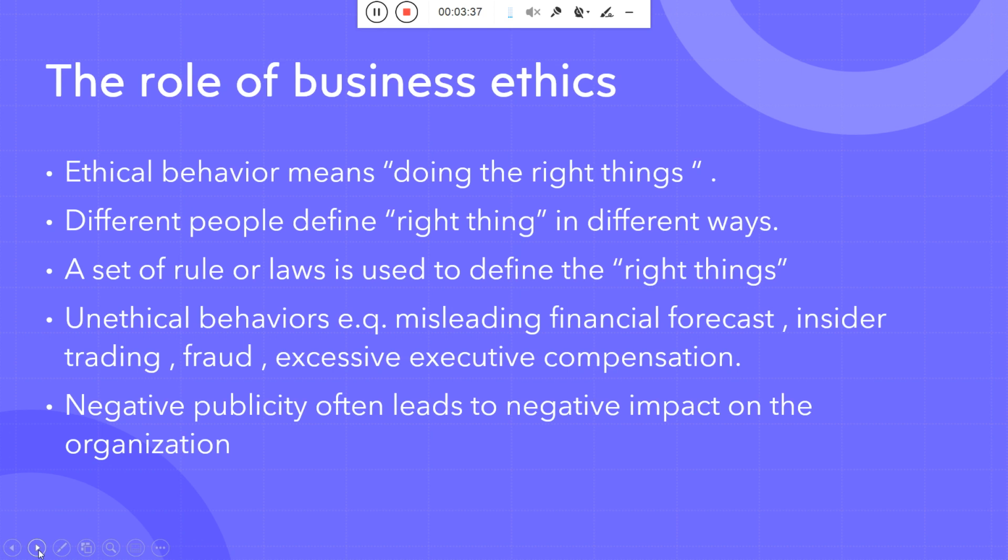Unethical behavior, for example, is misleading financial forecasts. Last time I showed you a video in the previous session. A particular person was investing more and more money in that particular company, and people outside the market thought the company was growing, but misleading was being done.